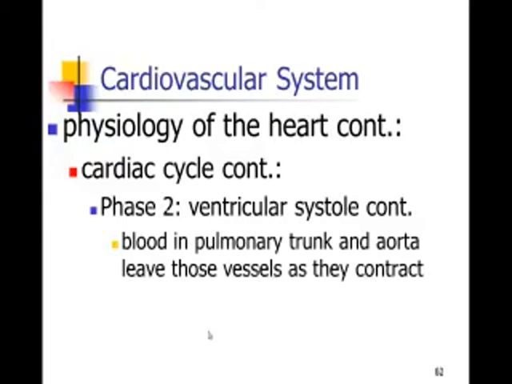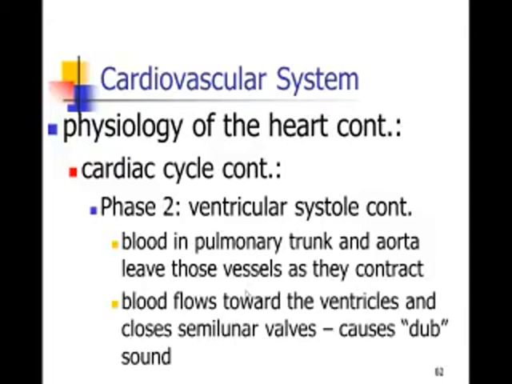So as the vessels contract, blood leaves and goes out into the circulatory system, both pulmonary and systemic. This contraction of the vessel walls is really important because it keeps blood moving all the time through the circulatory system instead of having intermittent flow as the ventricles relax.